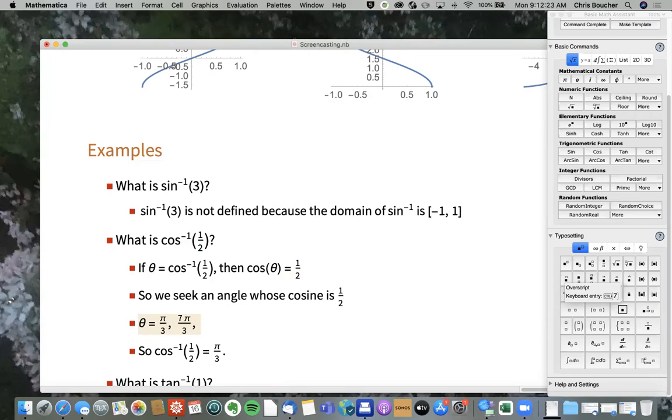For that matter, minus pi over 3 would be another, etc. So how do we pick the right one?